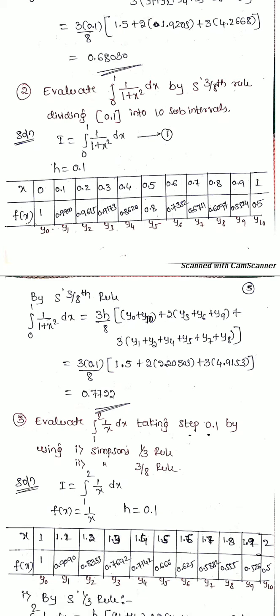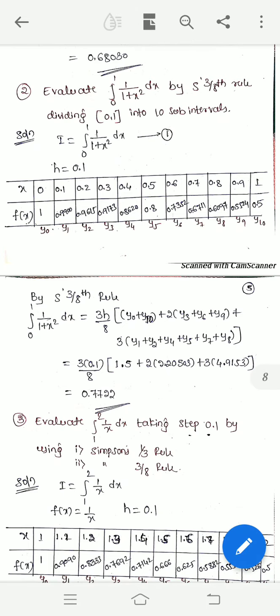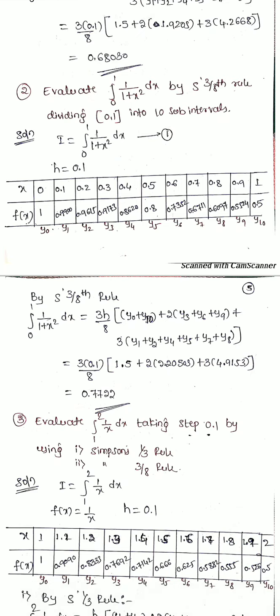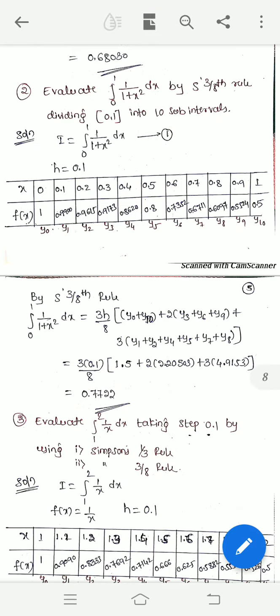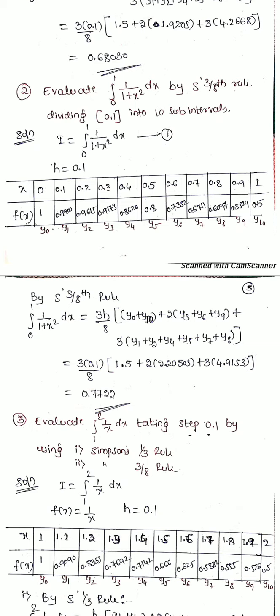When x equals 0.1, y equals 0.9900. When x equals 0.2, y equals 0.9615, and so on. We substitute all the x values in equation number 1 to get the y values.